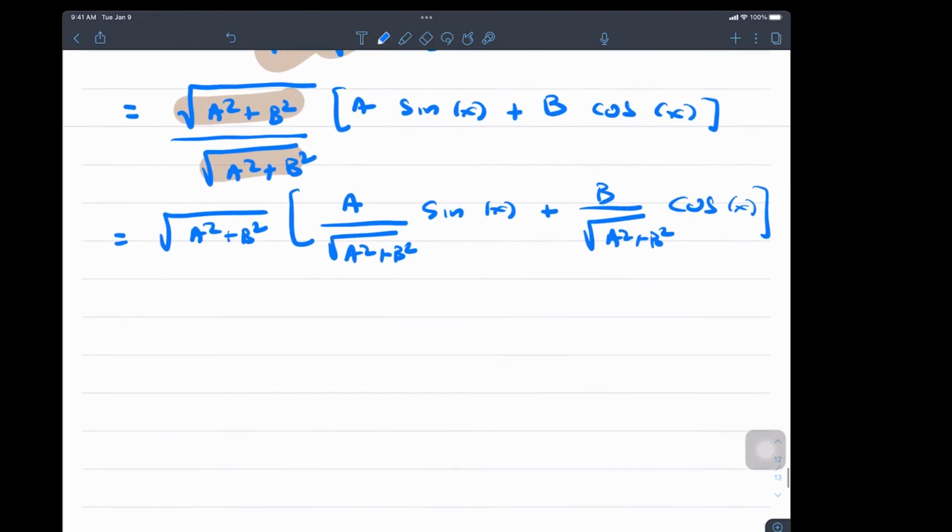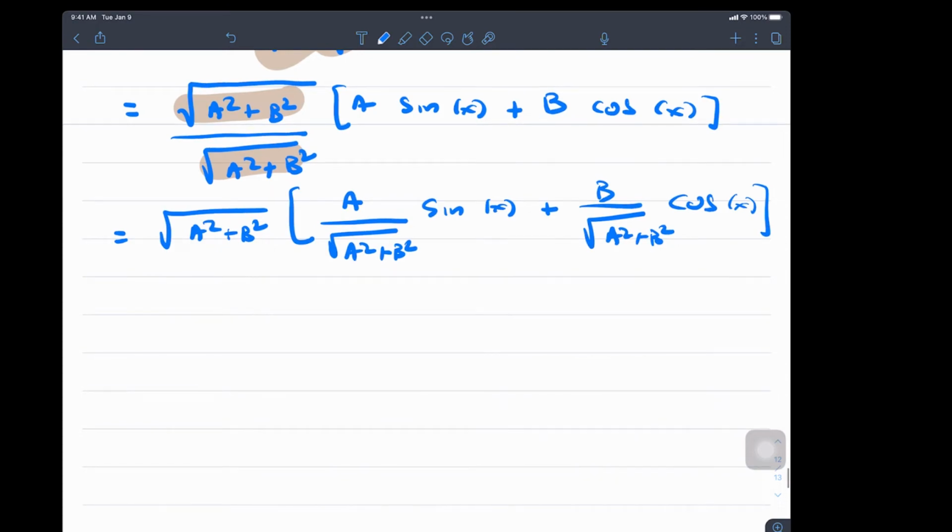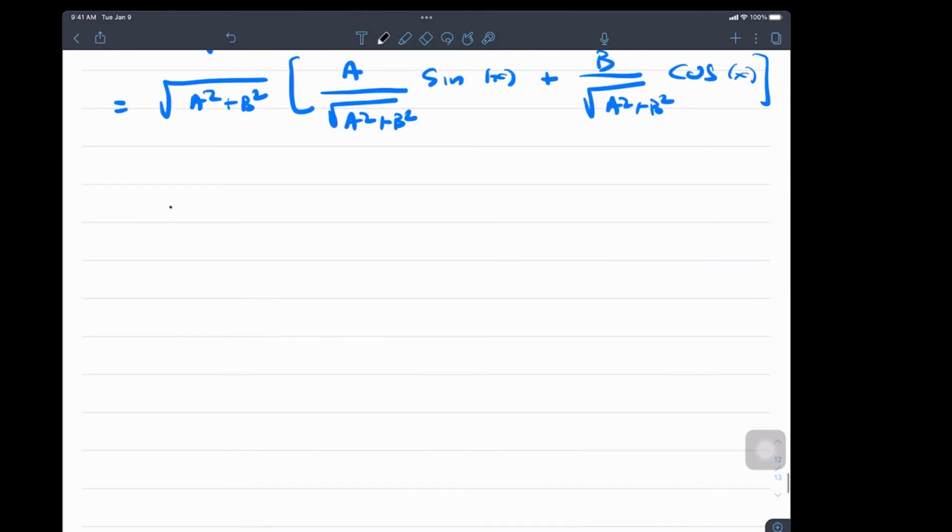Okay? Now, here's what I'm going to do. I'm going to change my color. I'm going to let you guys know. I want you guys to notate something here.